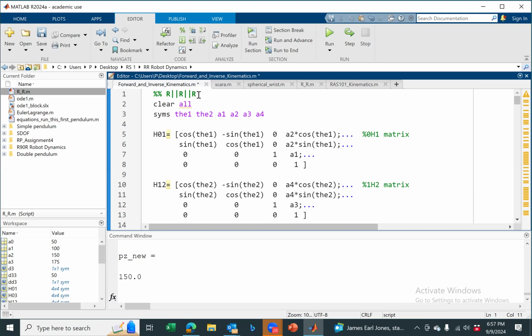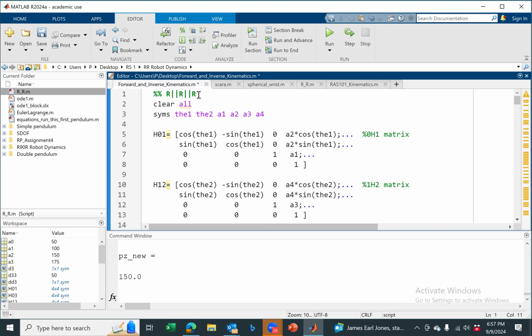You can swap symbols and numbers and so on and so forth. So first angle is theta1, second angle is theta2, A1, A2, A3, and A4 are the link lengths. So these are the robot lengths. Everyone understood this?